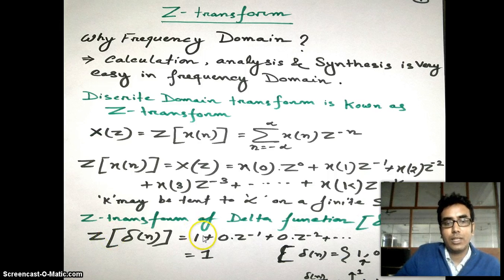So the Z transform will be 1. That means x[0] is 1, 1 into z to the power 0, that is also 1, and the other values x[1], x[2], x[3] are 0, so the Z transform will be 1 for a delta function.